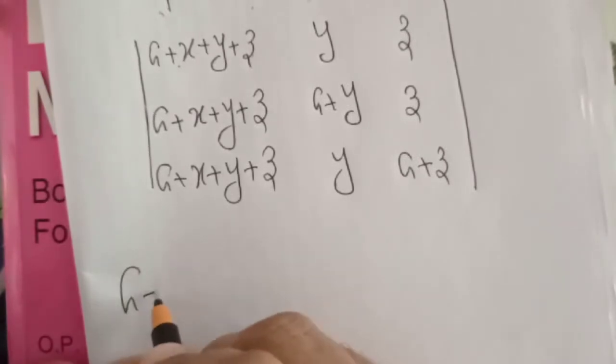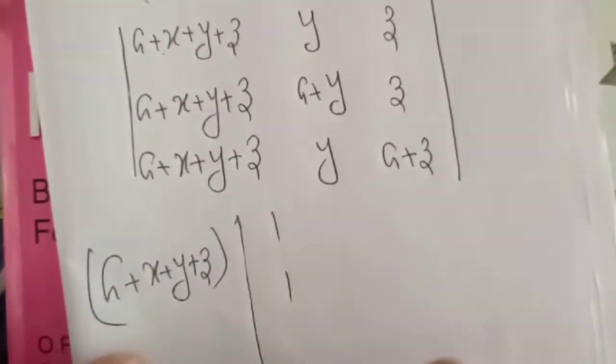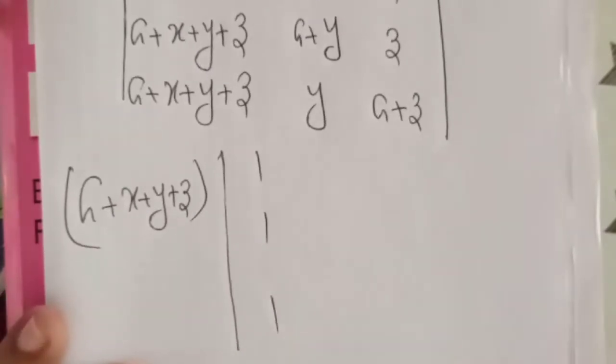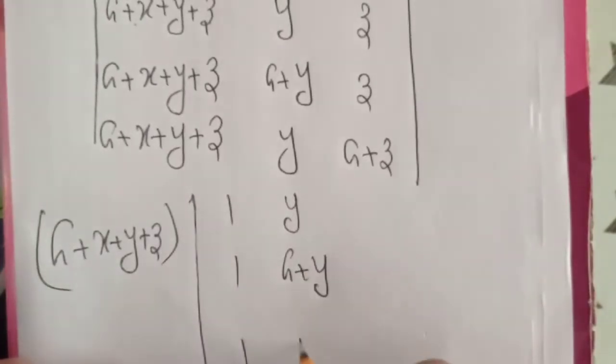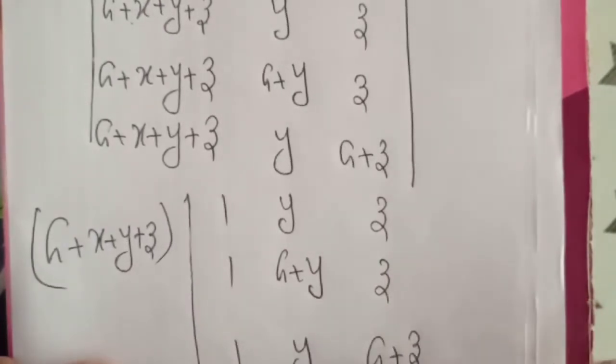Therefore, the answer a plus x plus y plus z you can take outside. Then the determinant 1, 1, 1. Agree? When you take that outside, you will get C1 changes to 1, 1, 1. Then y, a plus y, y, z, z, a plus z.